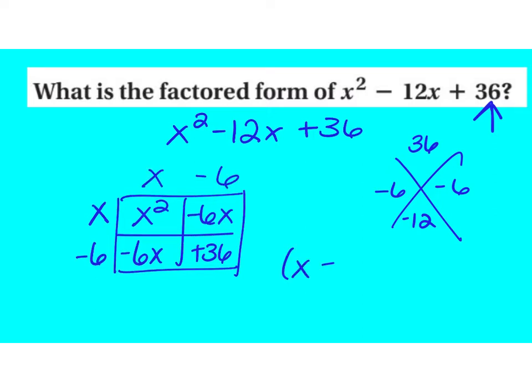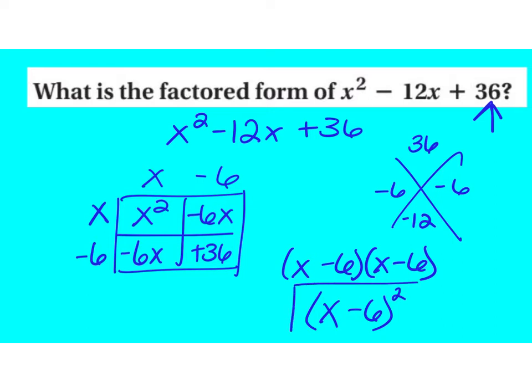So those would be my two binomials, or just x minus 6 squared. Really the only difference here is how you write your final answer. Your final answer is going to be a binomial squared.